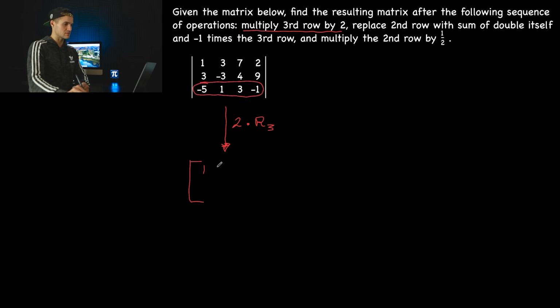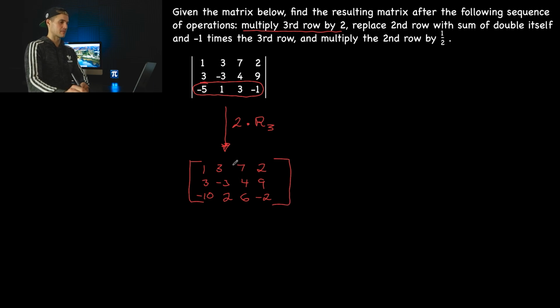So everything else stays the same. 3, -3, 4, and 9, and then the third row, everything's going to get multiplied by 2, so -10, 2, 6, -2, like that. Okay, so that right there is going to be the resulting matrix after the first operation.